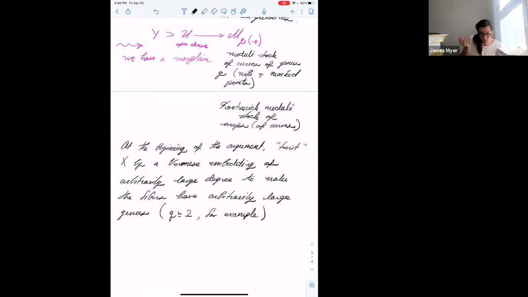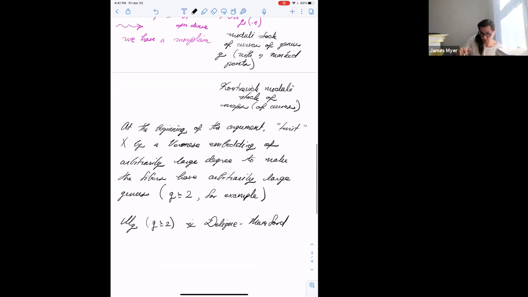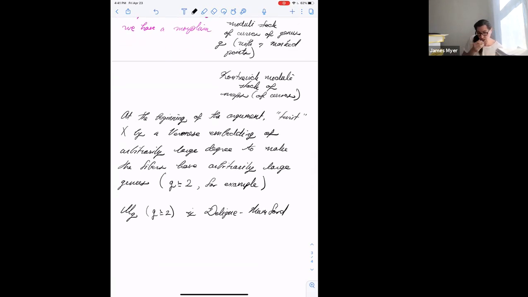And the reason you might want to do that is then you can guarantee that the moduli stack M_g for g greater than or equal to 2 is what's called Deligne-Mumford, which means it's a pretty nice stack, where you actually know some stuff about it. We could have also done this by marking points, but maybe you don't want to do the marked points argument because it incurs some alteration or something like this.